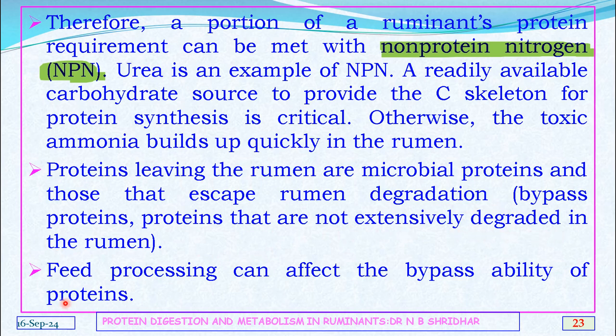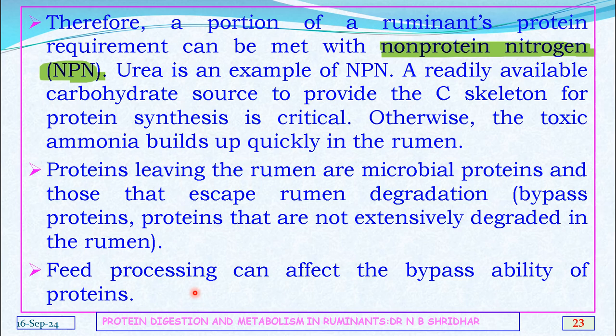in the rumen. So ruminants have a very characteristic feature of two types of digestive system. One is the rumen and reticulum, and the remaining is the abomasum and intestine, the small and large intestine. So feed processing can affect the bypass ability of the protein.